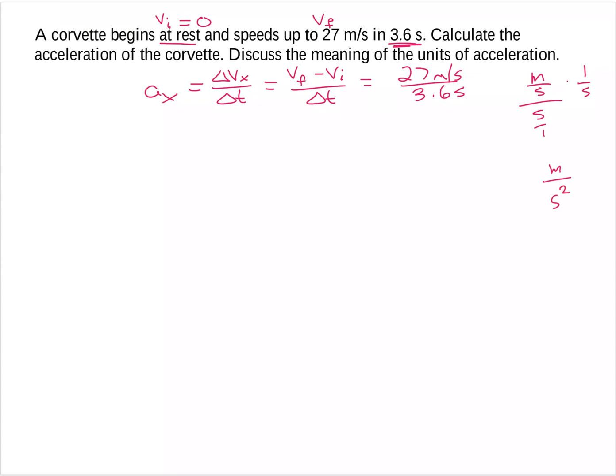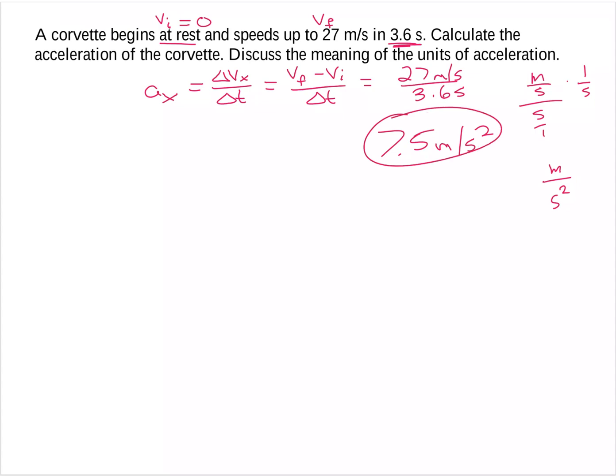Because seconds times seconds is seconds squared. We did this in pre-calc earlier this week. Okay? So now we just got to figure out the 27 divided by 3.6. That's 7.5 meters over s squared. Meters per second squared. Those are the correct units.